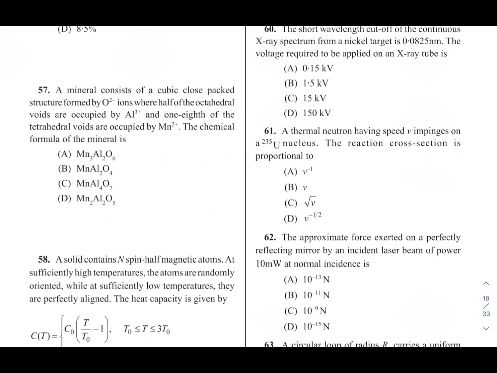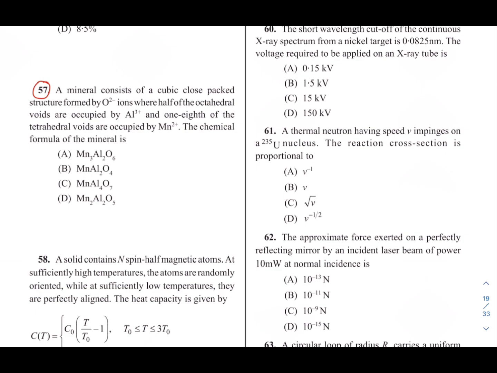Problem number 57. A mineral consists of a cubic close packed structure formed by oxide ions where half of the octahedral voids are occupied by aluminium ions and 1/8 of the tetrahedral voids are occupied by manganese ions. The chemical formula for the mineral is, so let us calculate the number of each of the ions.